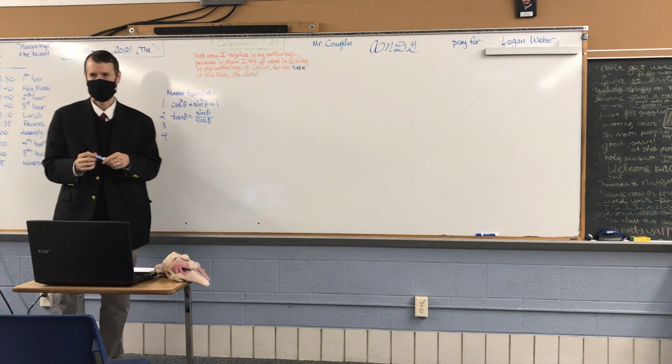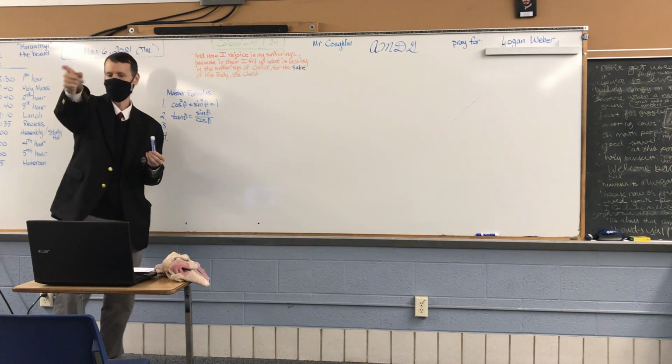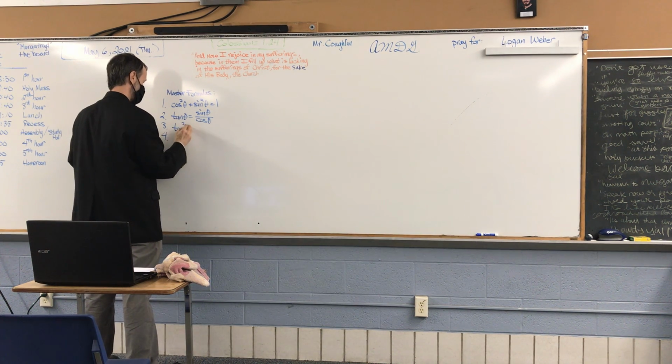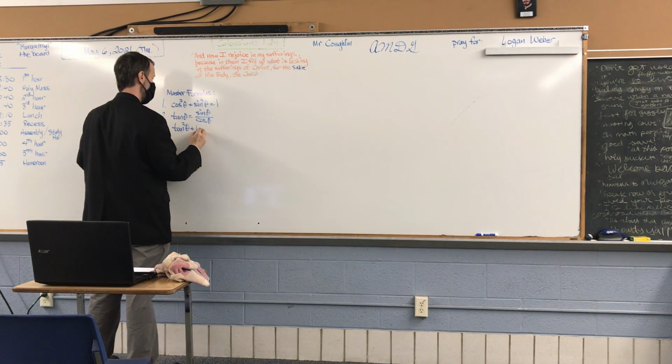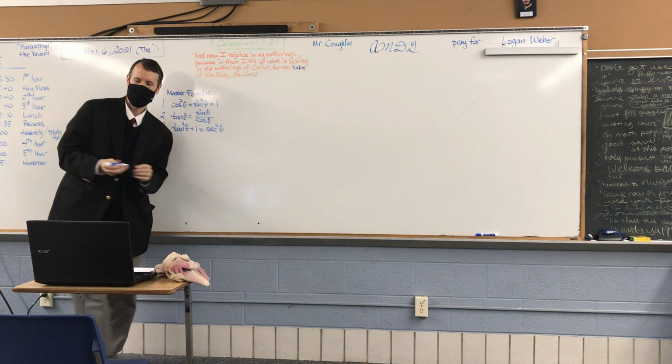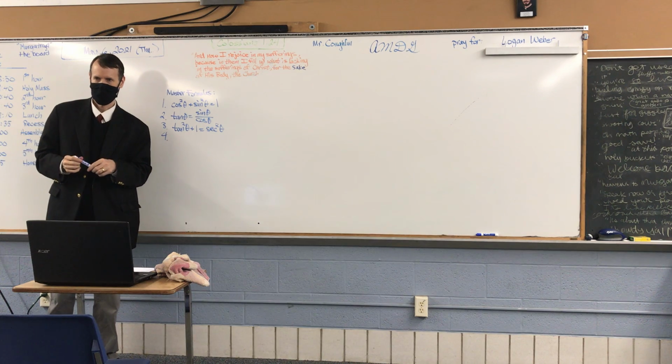Master formula number 3. Go, Abby. Tan squared plus 1 equals secant squared of theta. Correct. Tangent squared of theta plus 1 is equal to secant squared of theta. And does anybody happen to have number 4? Austin.